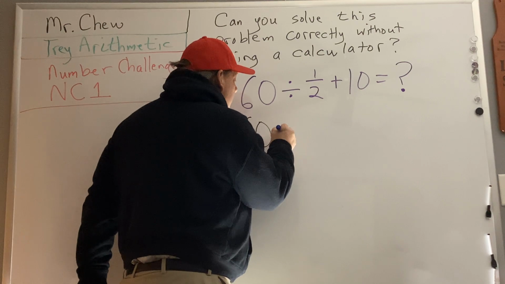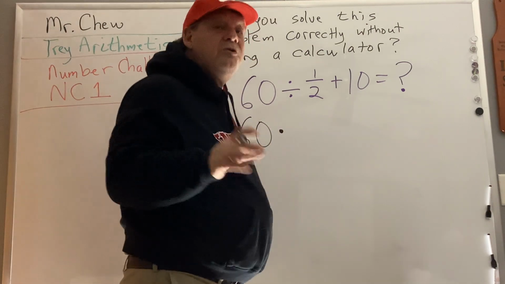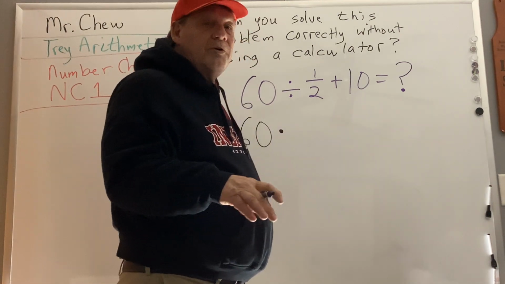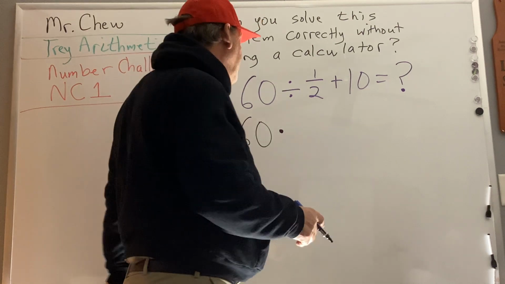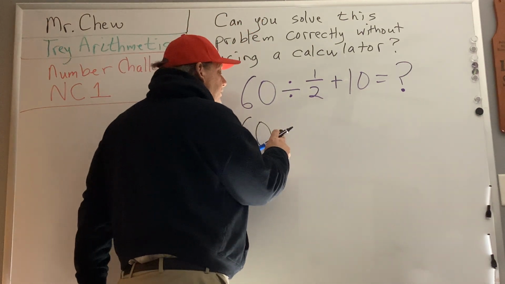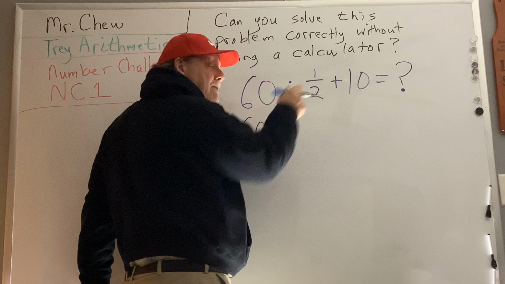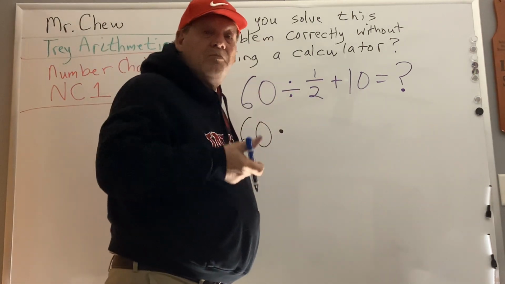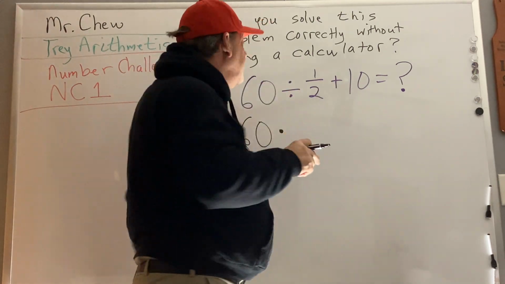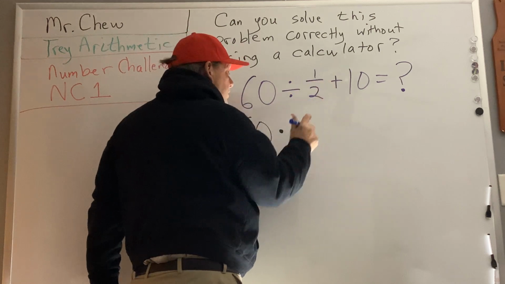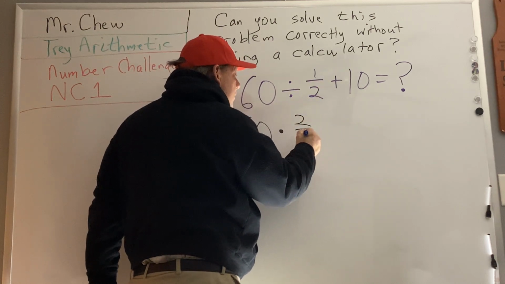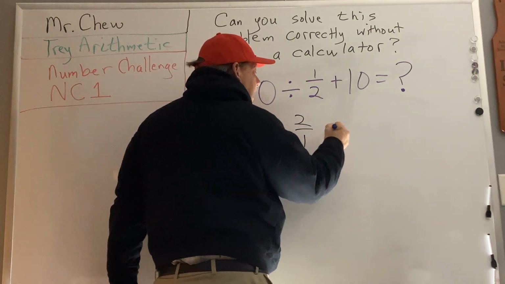I'm going to be using a raised dot instead of an X because we use X's as variables in pre-algebra, algebra, and geometry. And you have to multiply by the reciprocal. Reciprocal means that you're flipping the numerator and denominator. So 1 over 2 ends up being 2 over 1. And then we're going to add 10.